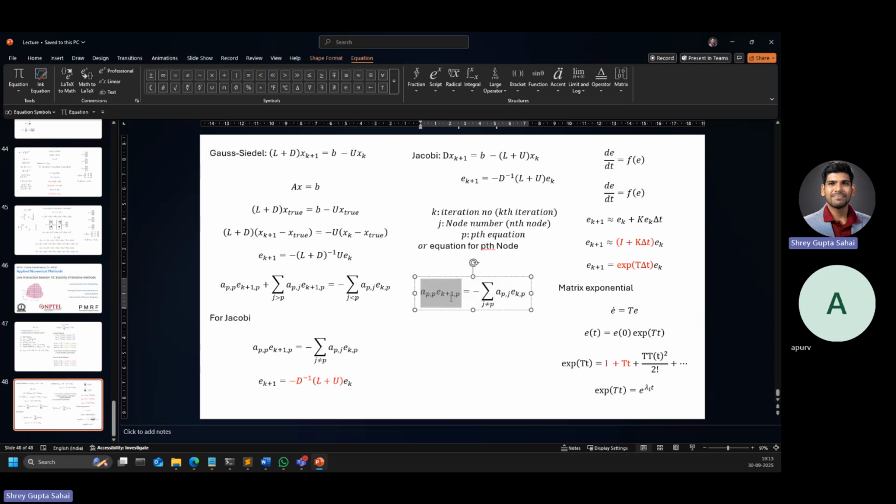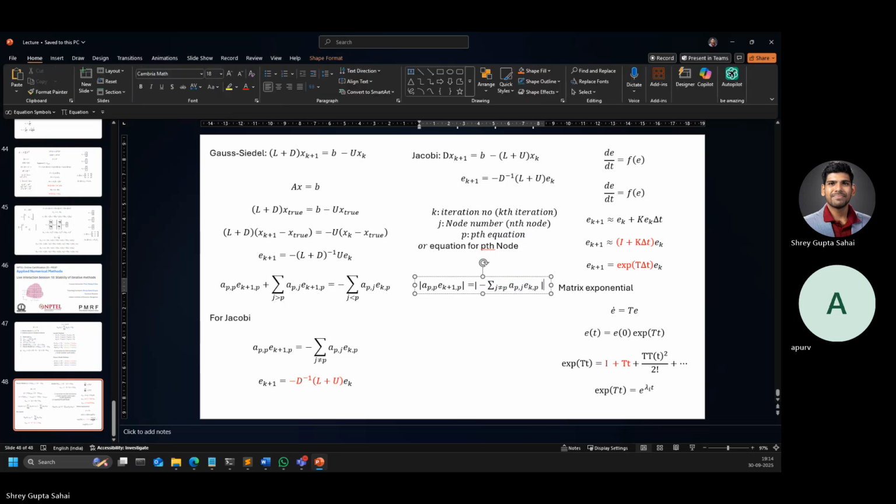What I'll write is, actually, I can just take away the minus sign there.